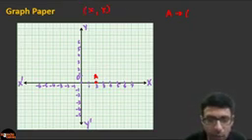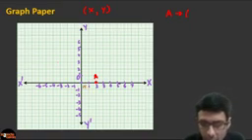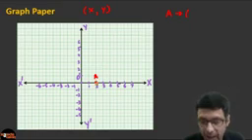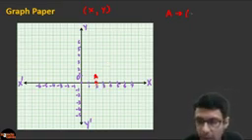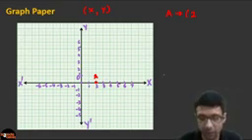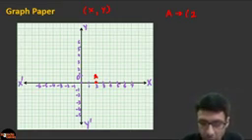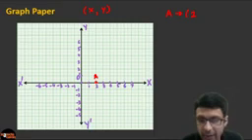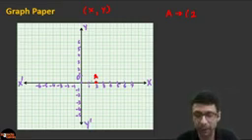Okay, so what is this point going to be, guys? Take a look here carefully. The x coordinate is the value of x, and you can see that since it's lying on the x-axis, this value is 2. So it's going to be 2. And what is the value on the y-axis? If we draw a perpendicular line to the y-axis, you can see it has no height on y, right?